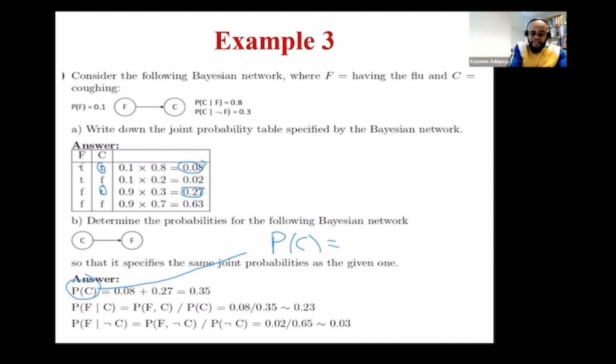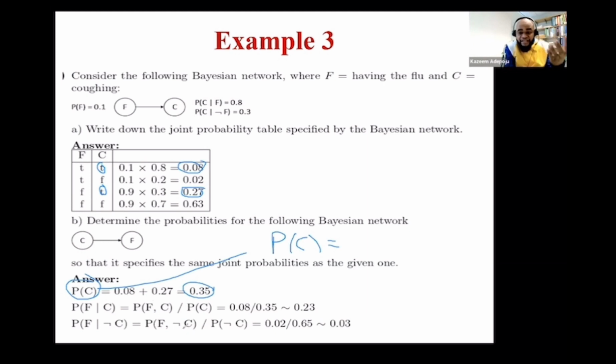It doesn't matter, the F. So that's why you are adding that guy to have this guy here. And the moment you have this, you can now figure out the probability of F given C, which is going to be the joint probability divided by that. And FC true, so it's going to be 0.08 divided by the total probability. That's why you have that.